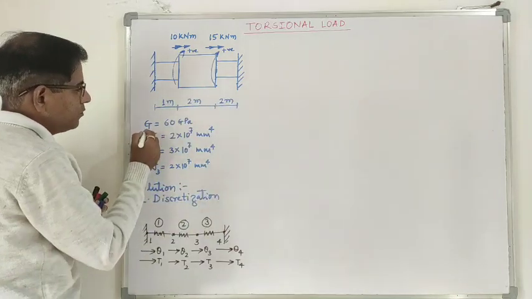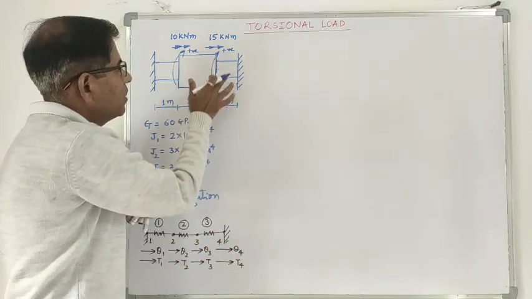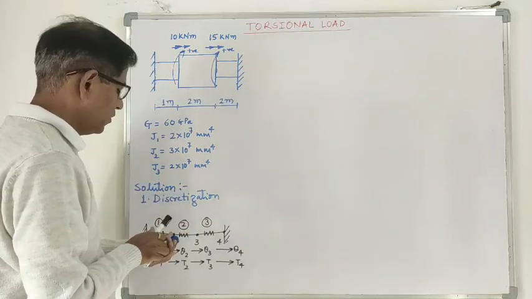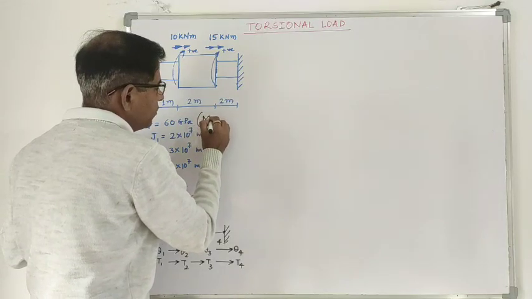Then the physical properties of the material are given. Here you can see that G is given. G is the modulus of rigidity.